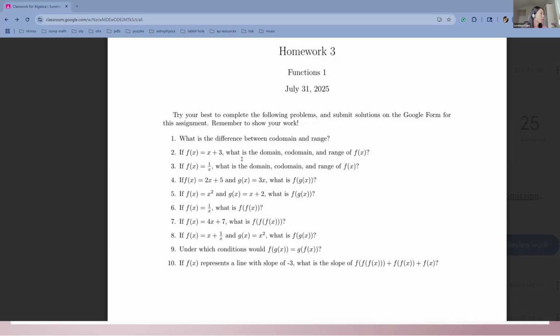And the range would be the same as the codomain in this case because all the numbers can be reached, because it's just a line. So you can reach all the values on the x-axis and all the values on the y-axis, because the line goes from negative infinity to infinity. So the domain, codomain, and range are all three all real numbers. Yeah, for question 2 it is.